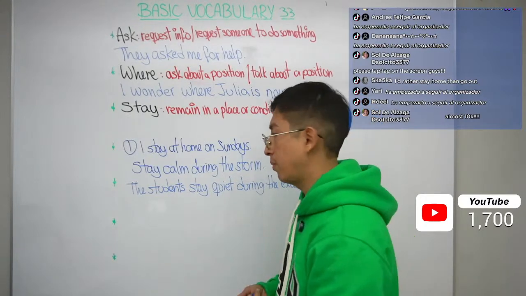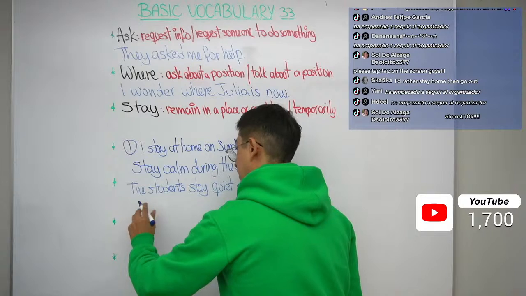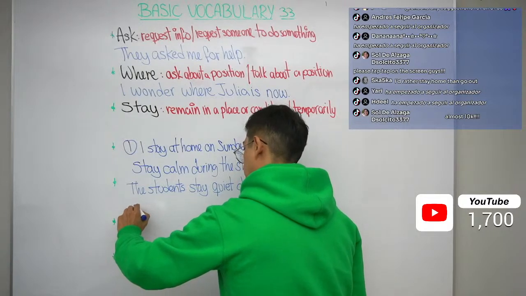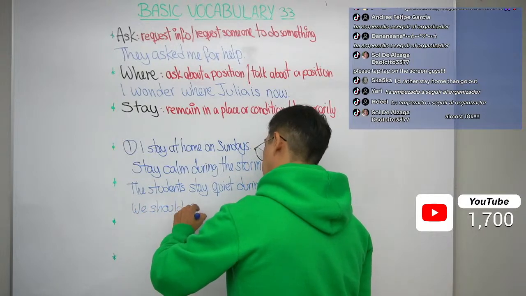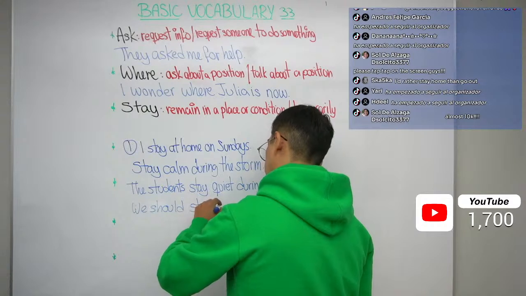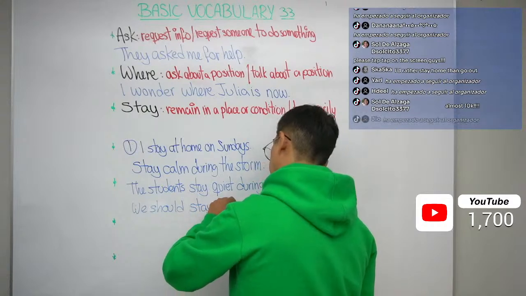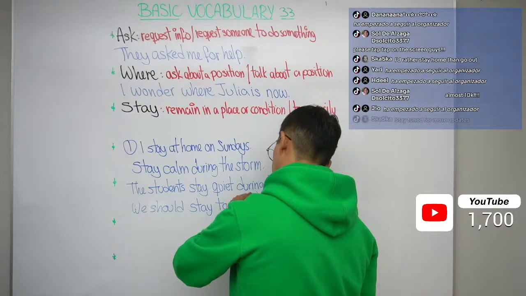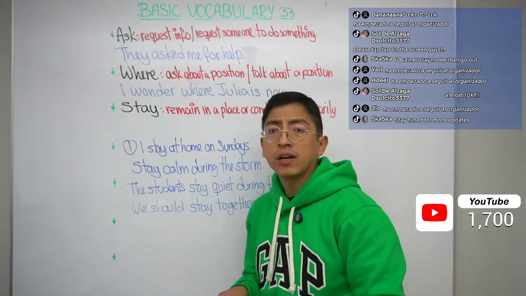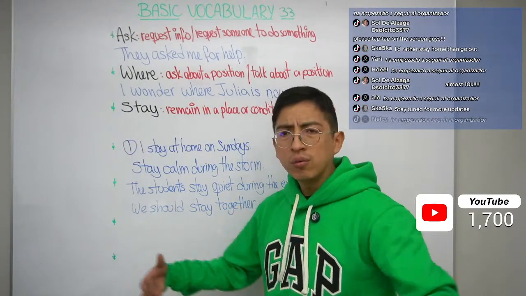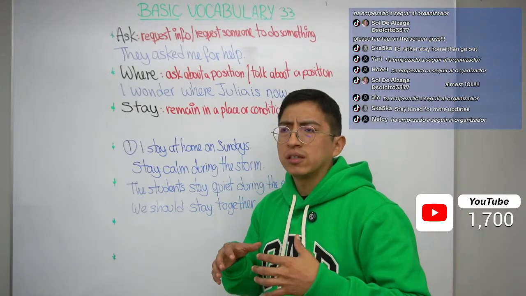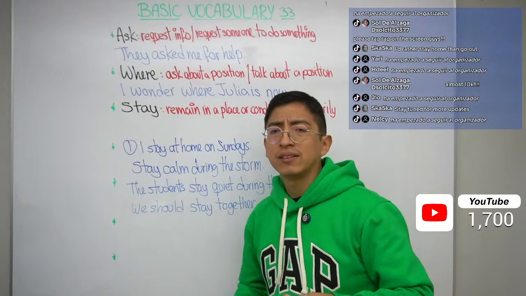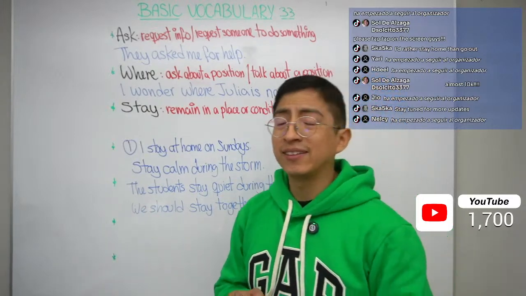Let's put one more example. We should stay together. Now, imagine we're having a problem, so we should stay together. Don't leave your house. This is like a very bad decision.